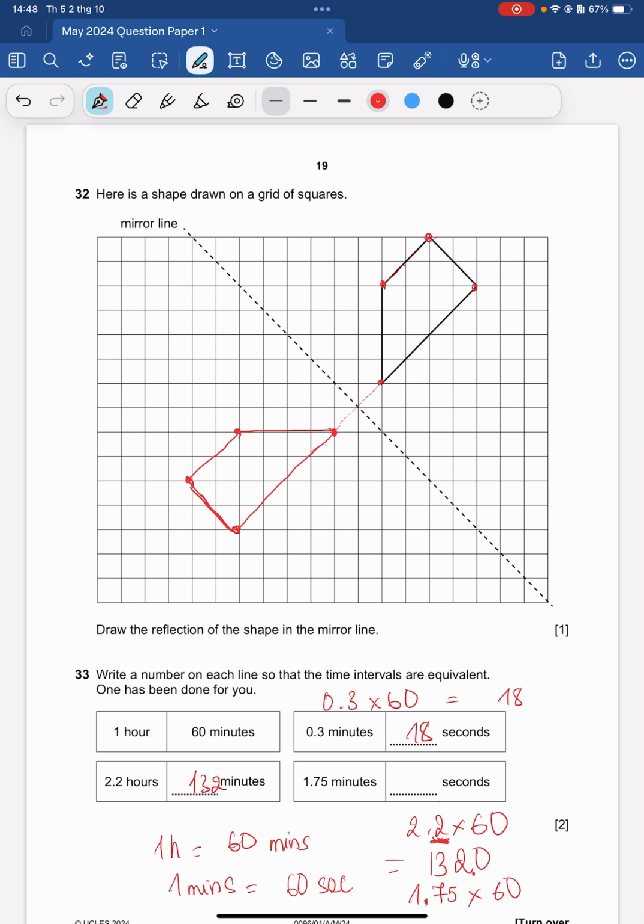So we got 105, right? 1050, and we have two numbers after the point. No, wait. One more 0, right? And we have two numbers at the point, so 105.